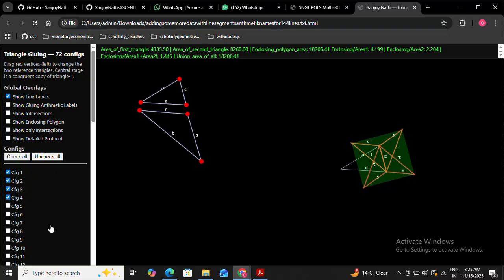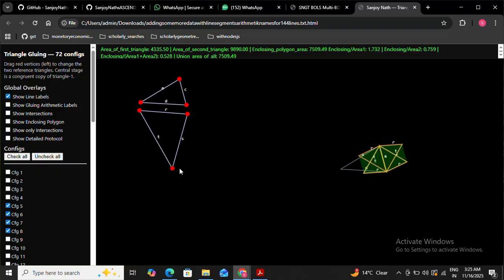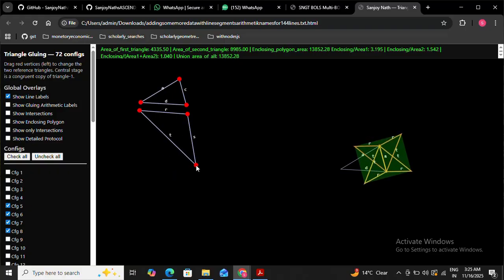In this way, if we don't show the first 4 configurations and want to show only the second set of 4 configurations of the multiplication, where the second side of the second triangle is glued over the first side of the first triangle, then the similarity property holds for the second triangle, which is constructed on the stage in multiple glued forms, and then you can see different other behavior.